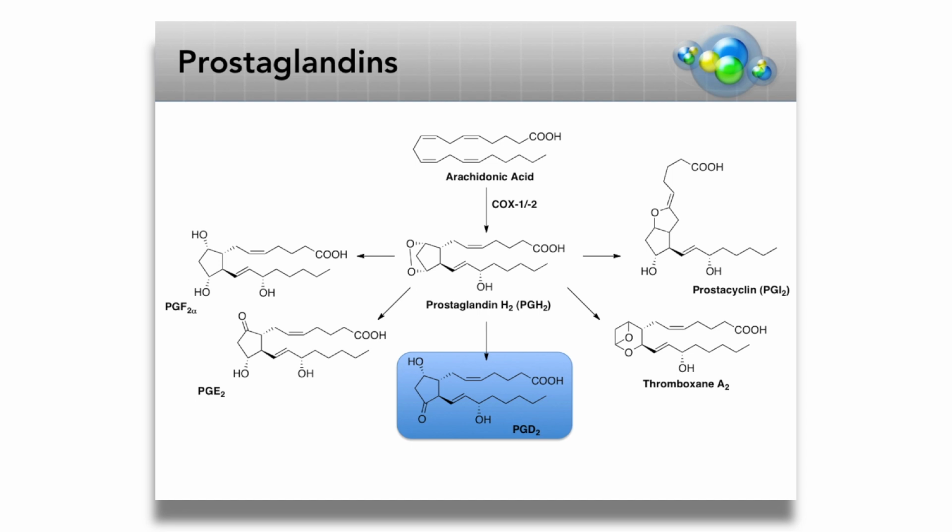Now, prostaglandins, as we mentioned on the previous slide, are rapidly metabolized. So it's recommended that in order to quantify prostaglandins, you look at their metabolites and not at the molecules themselves. So these researchers were looking for a metabolite of prostaglandin D2 that you can measure in the plasma to indicate formation of this molecule in vivo.